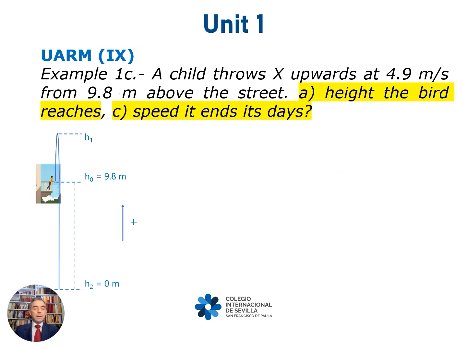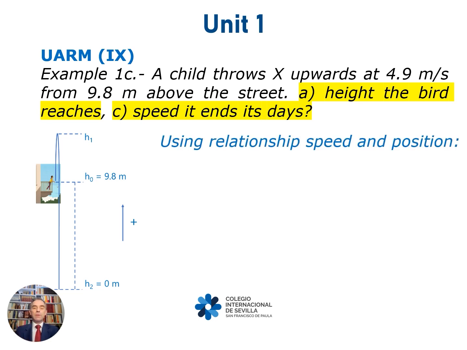Let us consider again question A and consider question C from a different point of view, as an alternative way to solve these two questions. We know that with uniformly accelerated rectilinear motion, there is a relationship between the speed and the position, and that relationship is given by the following expression. The square of the speed at any point equals the square of the initial speed plus 2 times the acceleration and the variation of the position.